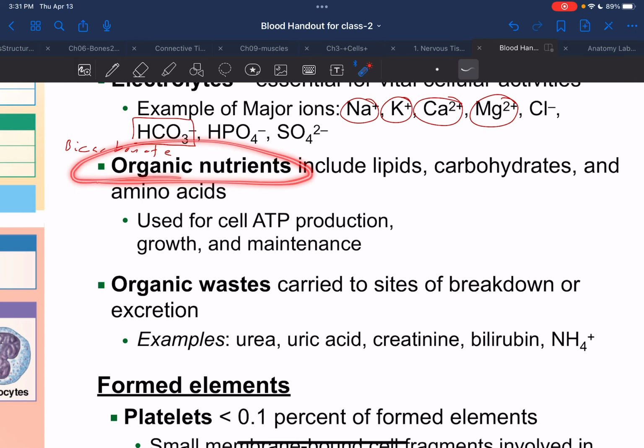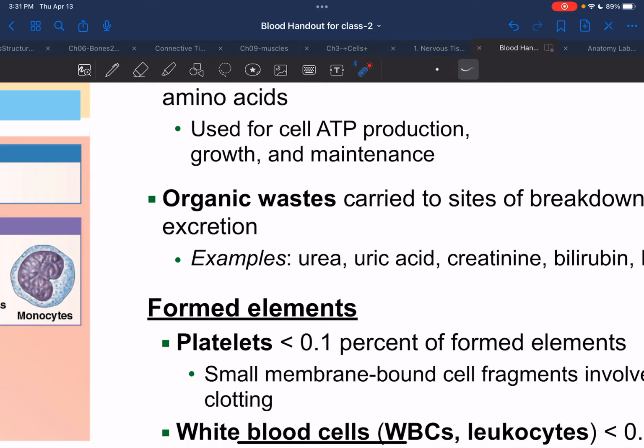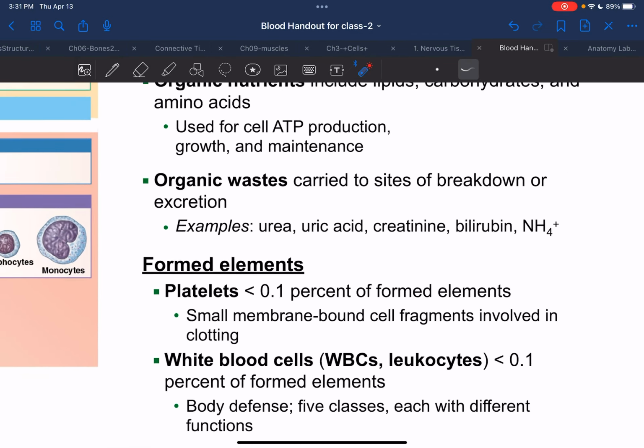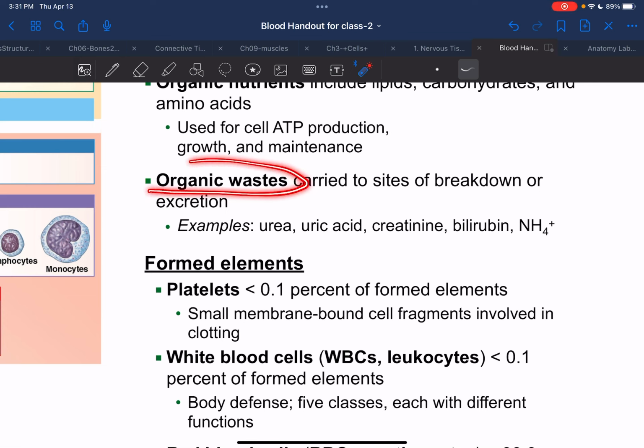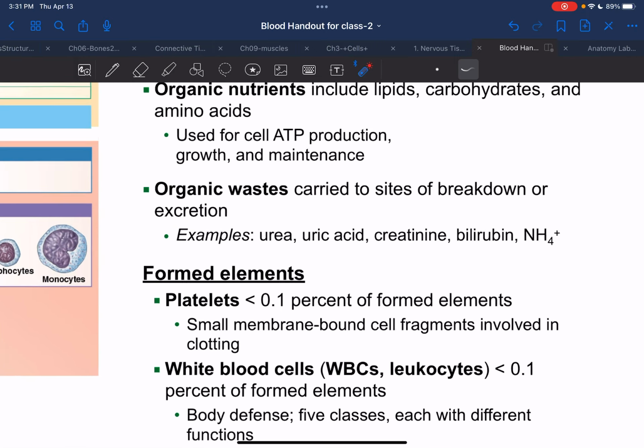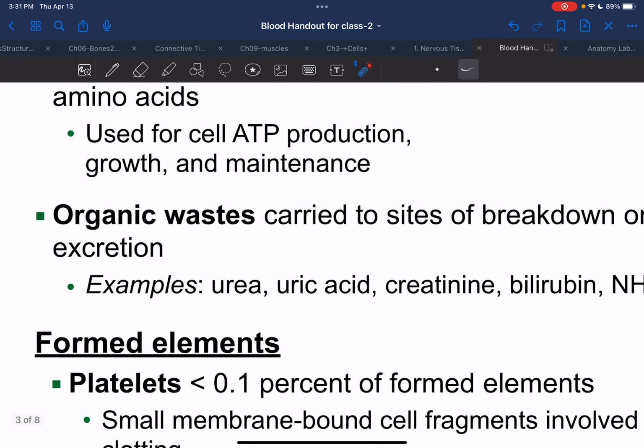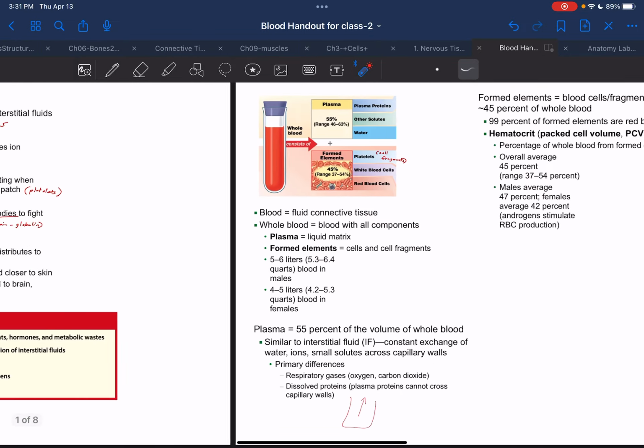The nutrients that we consume, lipids, carbohydrates, and proteins, all of it will be used by your cells to make ATP so they can carry out their functions. And once they've carried out those functions, then we produce a waste. And so now this brings me to our kidneys, right? No, we're not talking about urinary just yet.